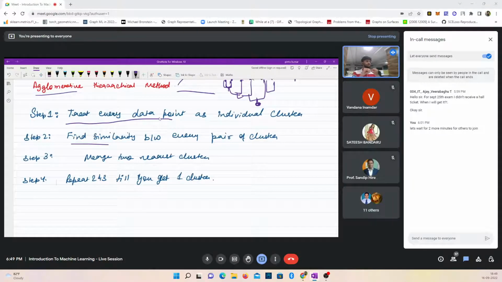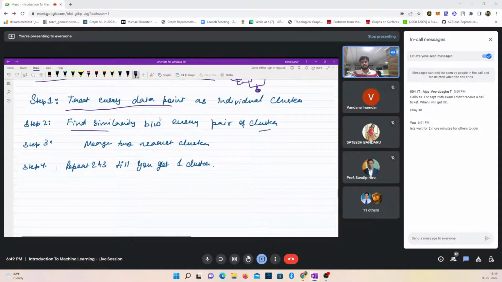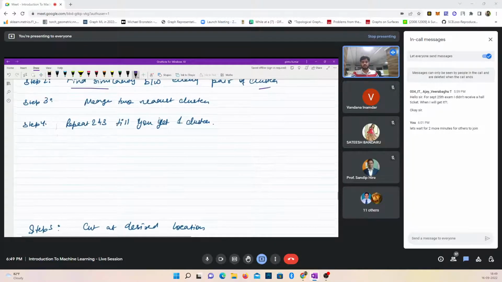Second one is to find the similarity between every pair of points or clusters. Why I'm saying cluster is, let's say you began with every data point being a cluster. Now let's say these 2 points were close to each other in the first step, and then you assigned them as one cluster, and the other points are again different clusters.